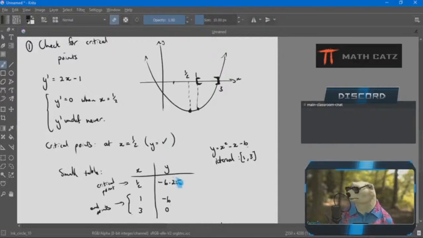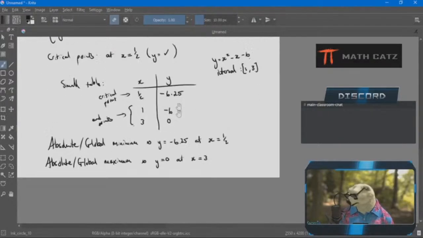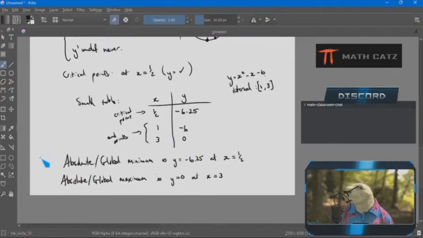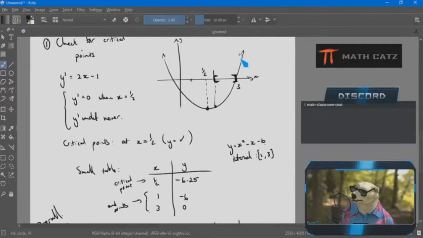So let me summarize this in a better way. Overall, my global, my absolute minimum is negative 6.25. If you forget the interval, you look at this parabola, it has a minimum point at x equal to 1/2.